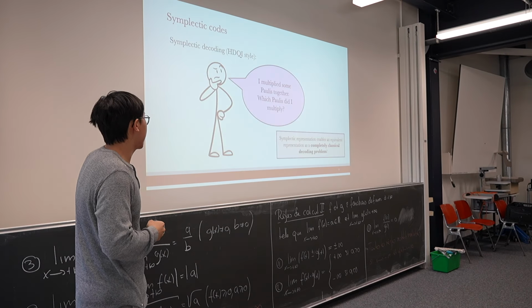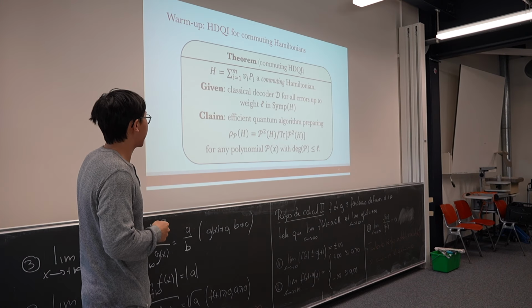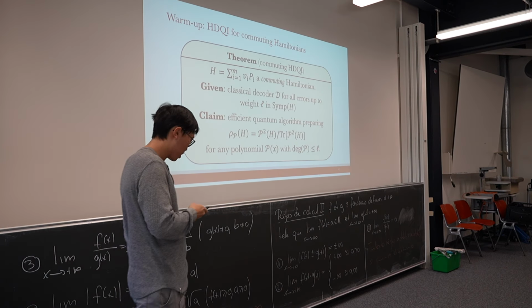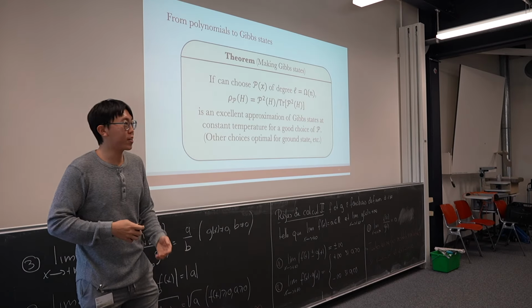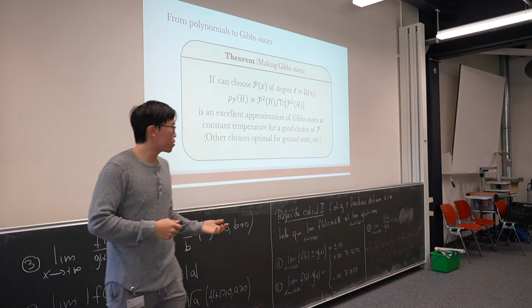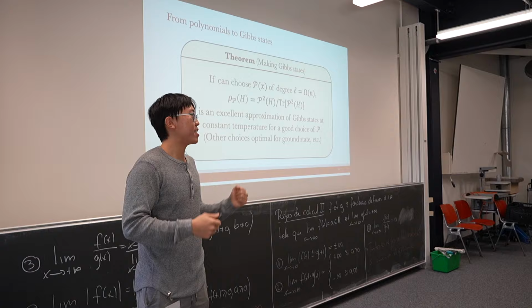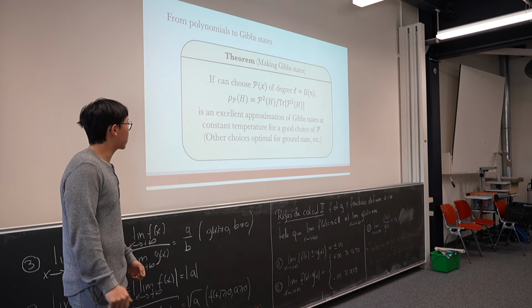Now, why would I be interested in preparing this particular state, this mixed state here? Well, as a starting point, and as the focus that we'll think about here for simplicity, polynomials which have very high degree are excellent at approximating general functions. And one thing they can approximate is an exponential function.